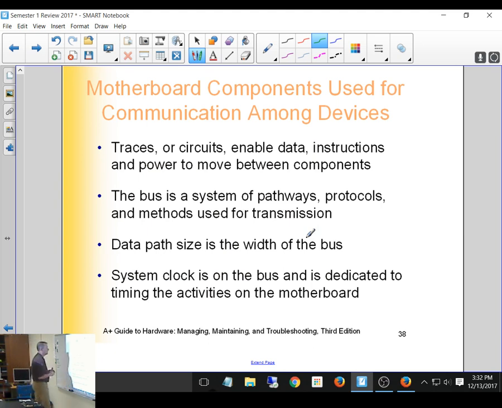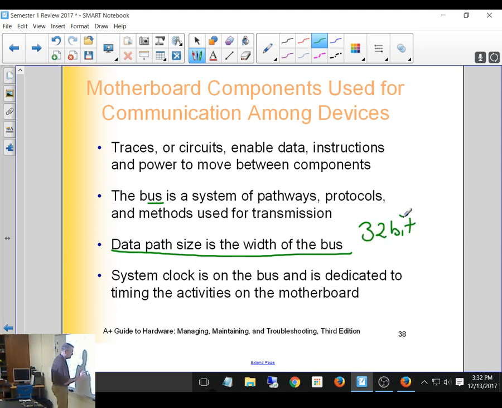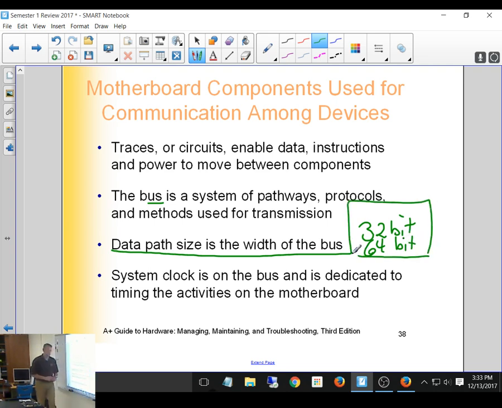So all the circuits and all the data go through the motherboard through the system buses, okay, and those system buses are what transport it. The size or width of the bus, that's when we talked about 32-bit and 64-bit operating systems, and how wide the bus is determines the size of the packets that get sent around.